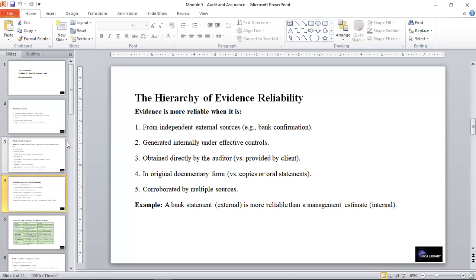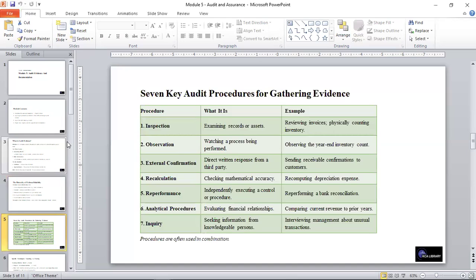And it is also reliable when it is corroborated by multiple sources. An example of this is a bank statement, which is external. It's more reliable than a management estimate, which is internal. And this talks about the reliability of the evidence that is supposed to be used by the auditor.